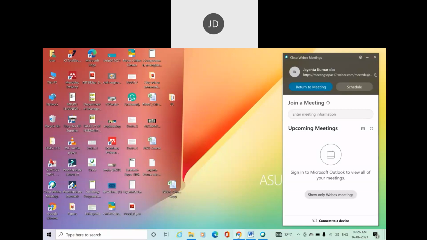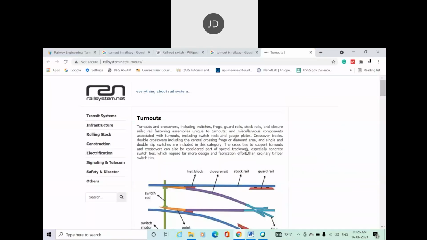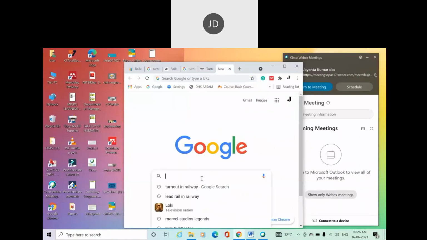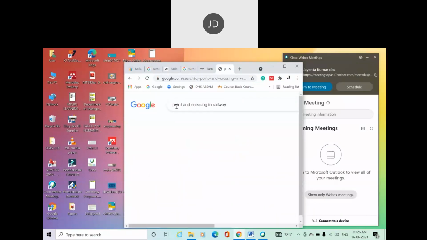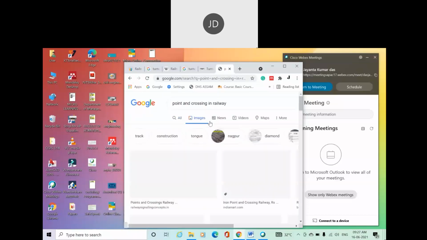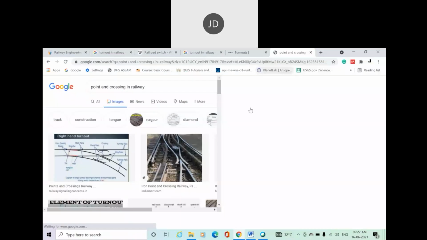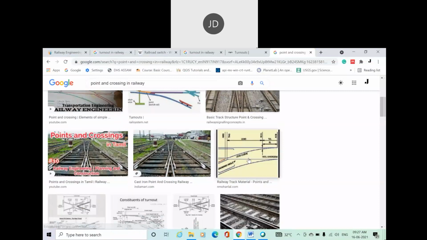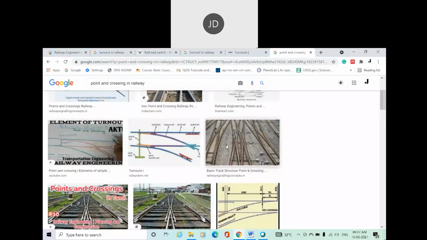So I'll show you a real image of point and crossing first, then we'll discuss. Okay, let's see point and crossing in railway. I think now you may understand what I'm showing.